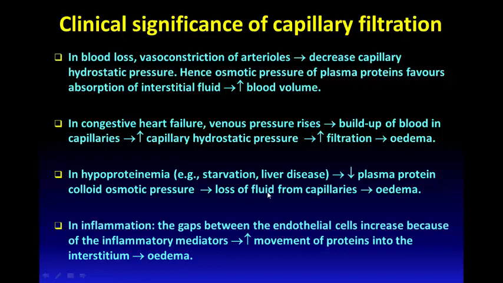In inflammation, the gaps between the endothelial cells increase because of the inflammatory mediators. Hence, the filtration constant increases and the movement of proteins into the interstitial fluid increases, and this might result in edema.